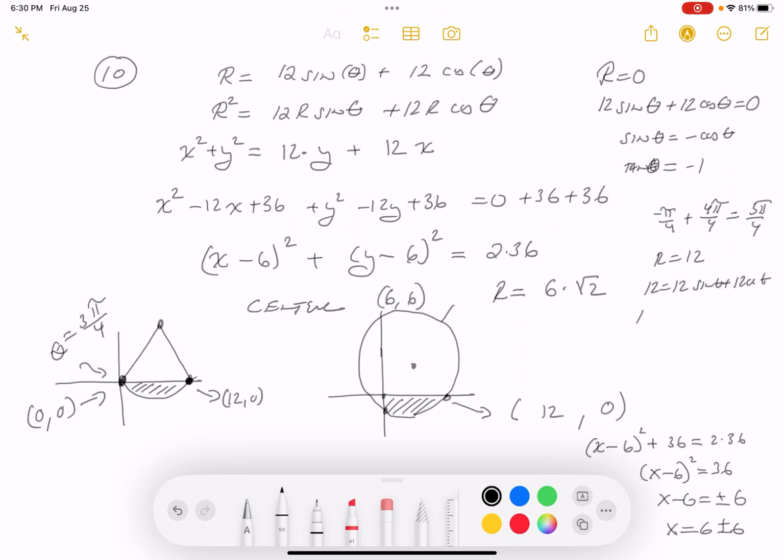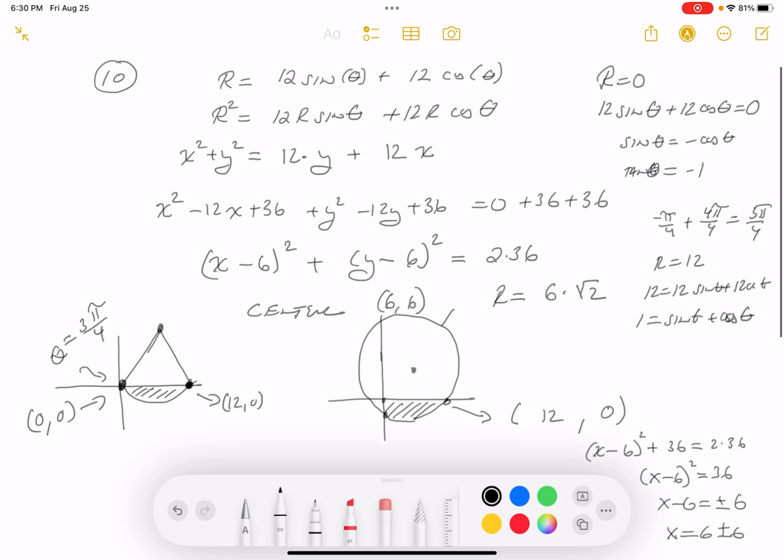Divide by 12, you get 1 equals sine theta plus cosine theta. I got to think about that now, don't I? And I don't think that's right.